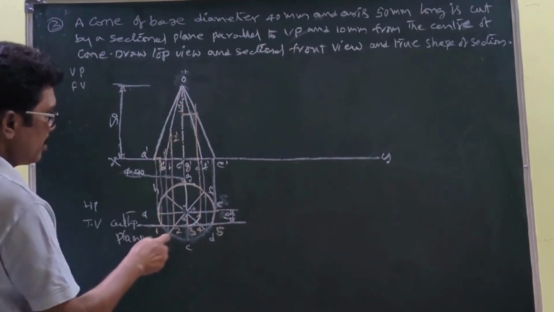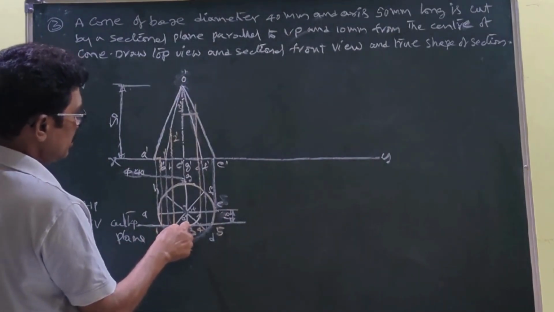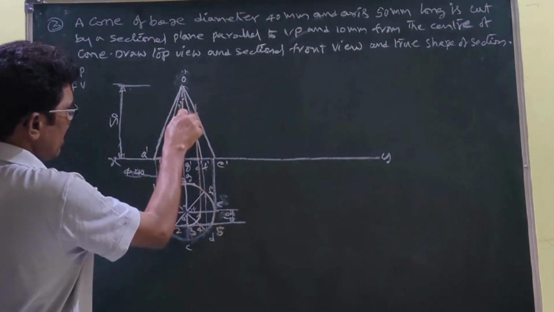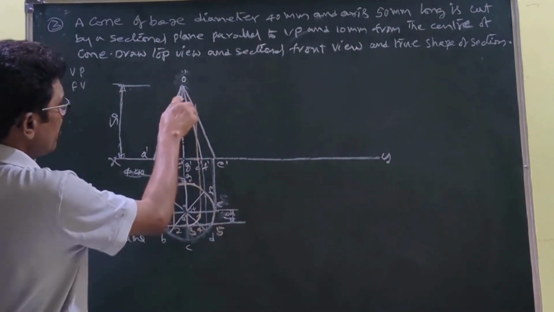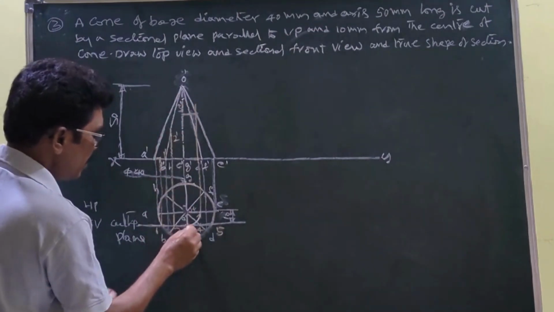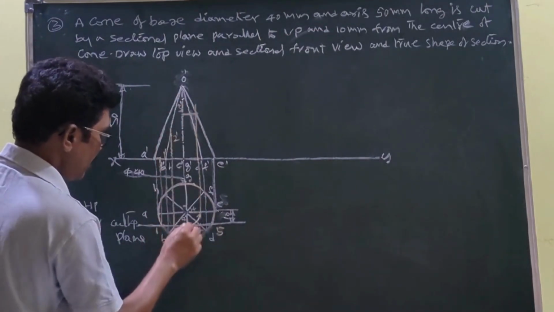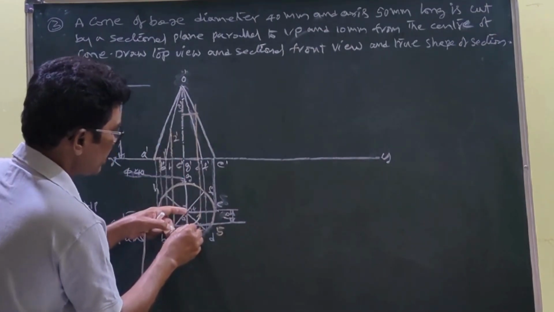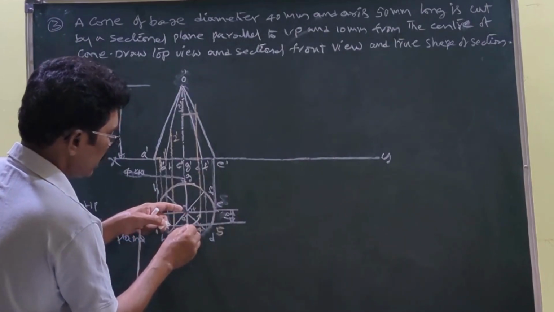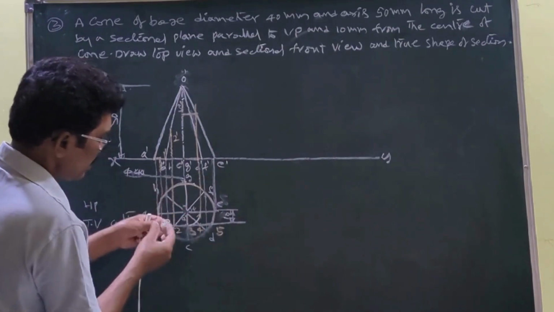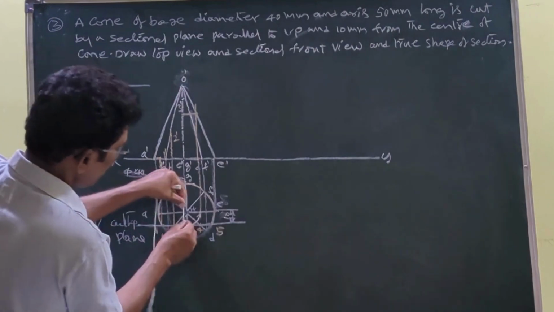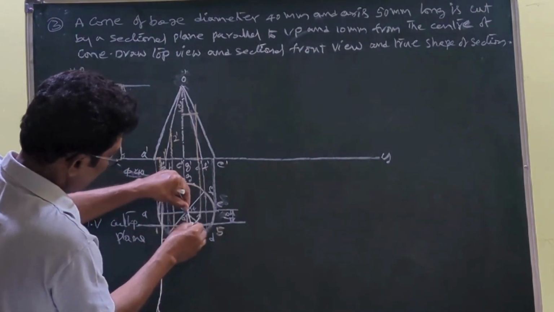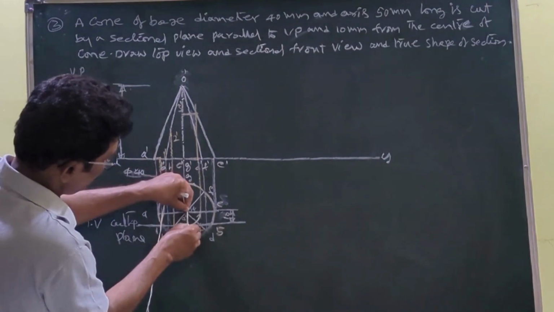Please try to understand how to identify this point 3 dash in the front view, because it is perpendicular to the front view, so this cannot be directly located. That's why you have to do this. Take 3 O as the radius, O as the center.